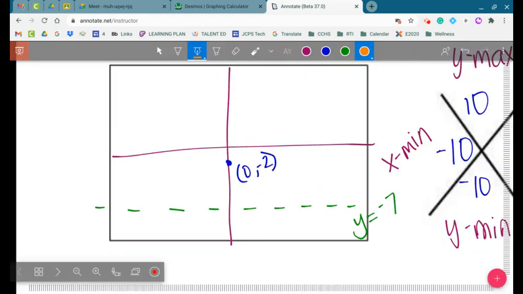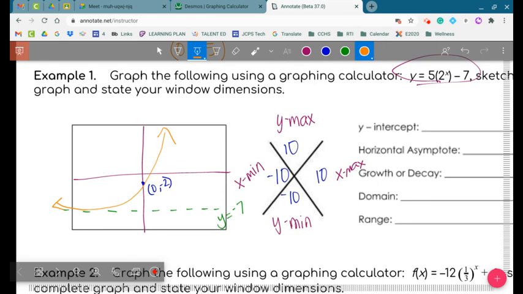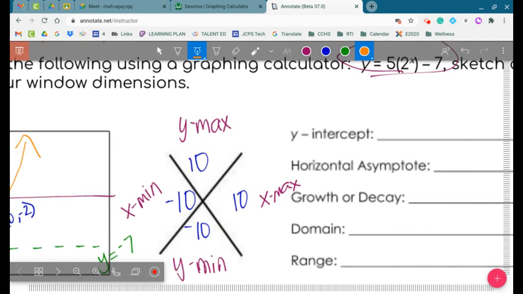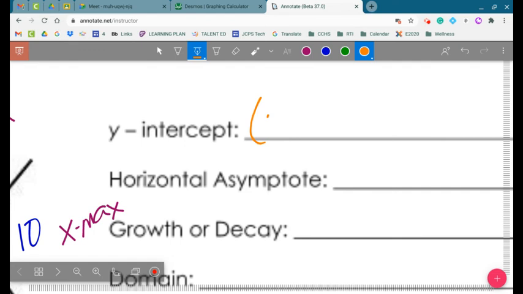So that means this line needs to be a little bit lower, but it grazes this and then goes up. I cannot draw that very well today, so it just has to be a sketch. So our y-intercept was (0, -2). The horizontal asymptote was y equals -7.